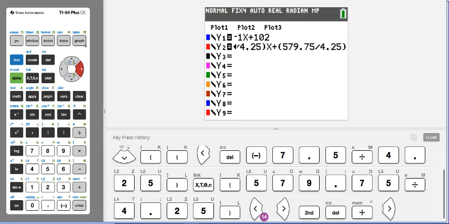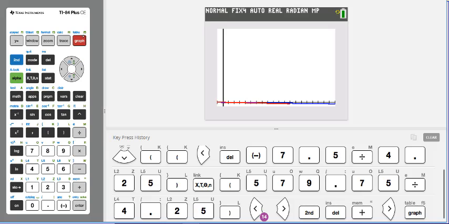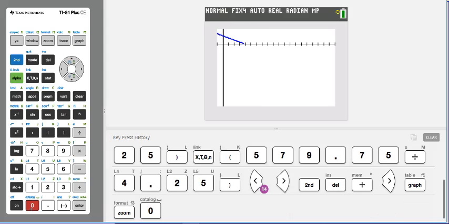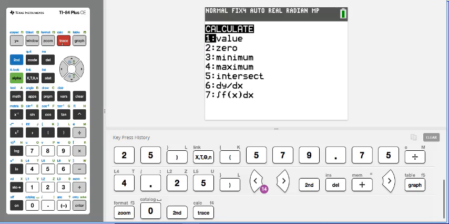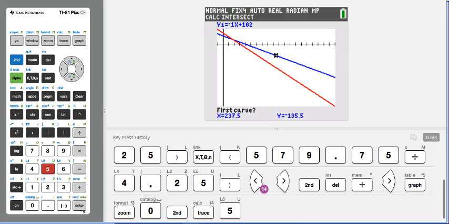Now I'm just going to hit graph, and then zoom 0. We see that it intersected right here, so we'll hit second, trace, 5, enter, enter, enter. And that's 45 and 57.